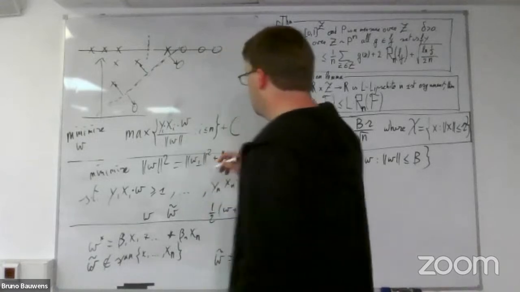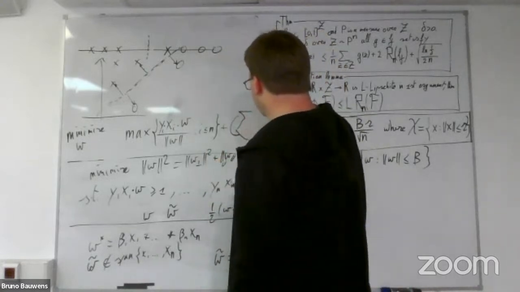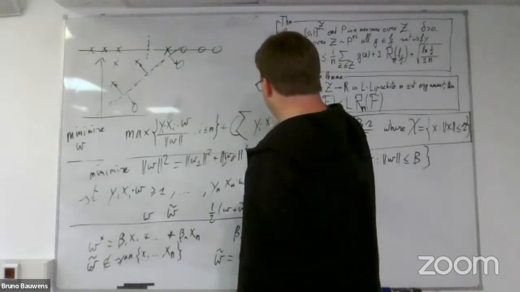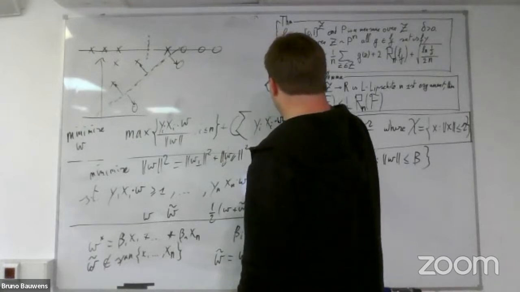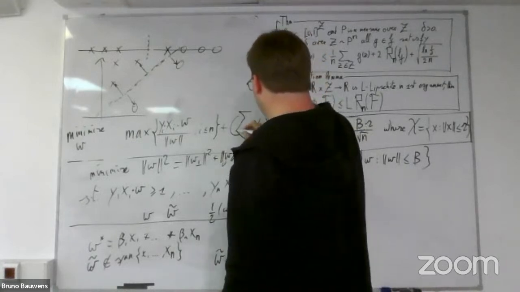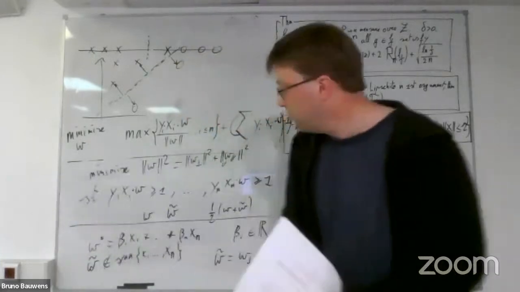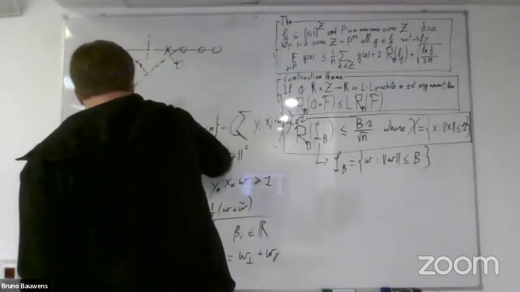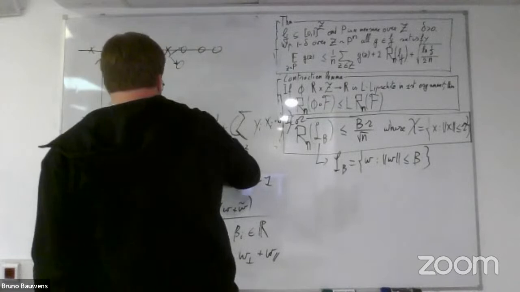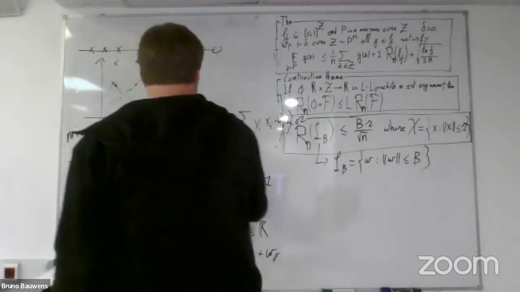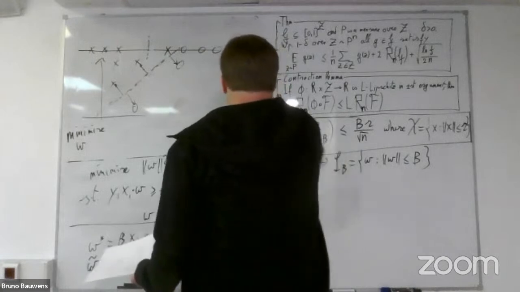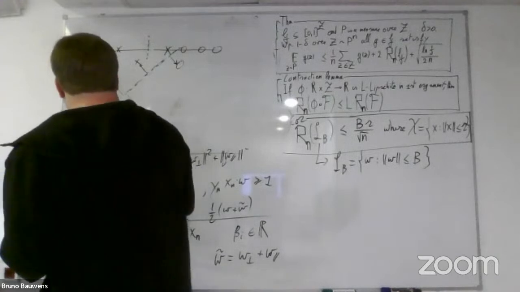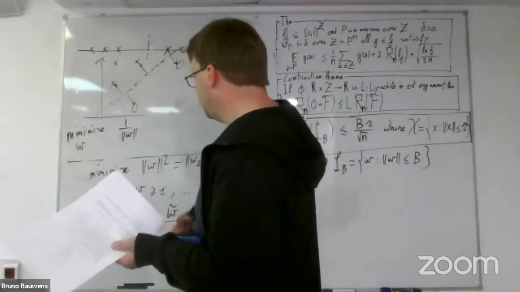So there are two objectives, we balance them with some constant. Let me write it again. We will just adapt this thing here.